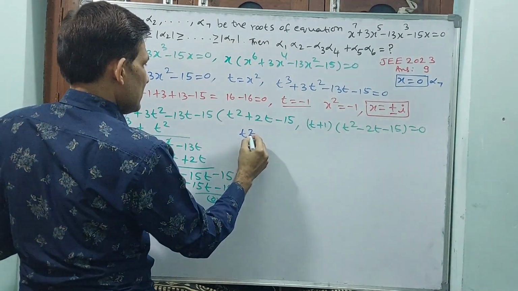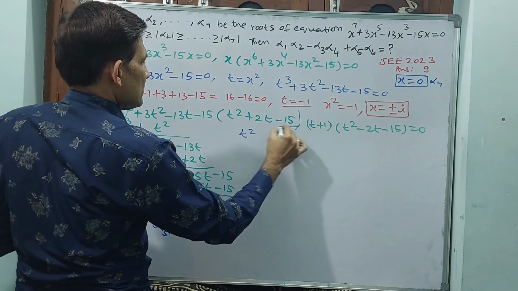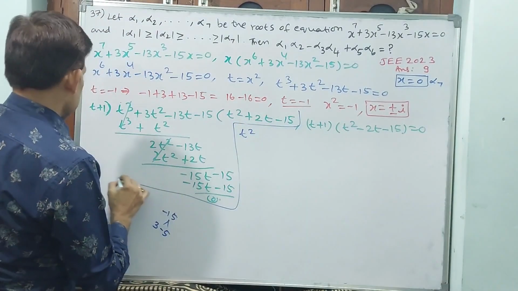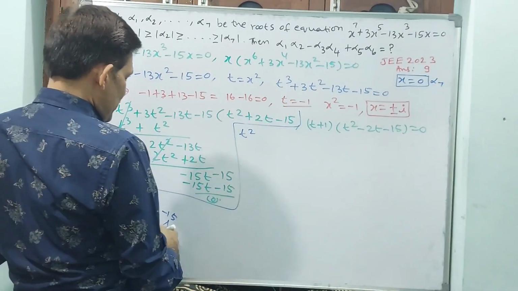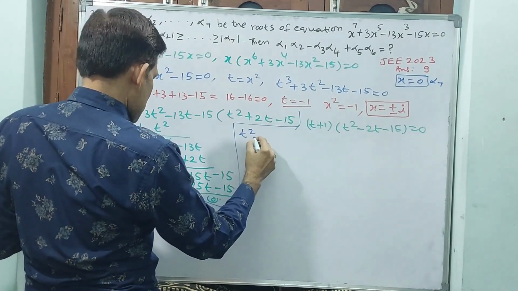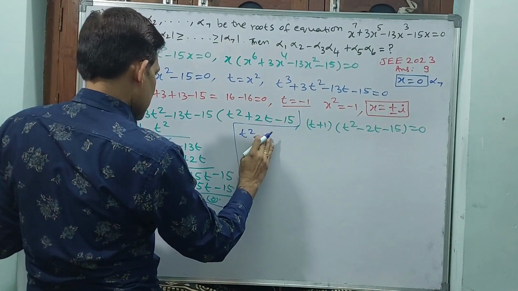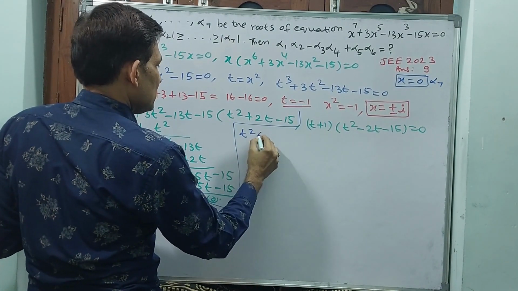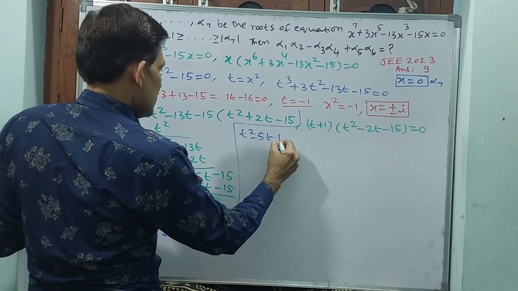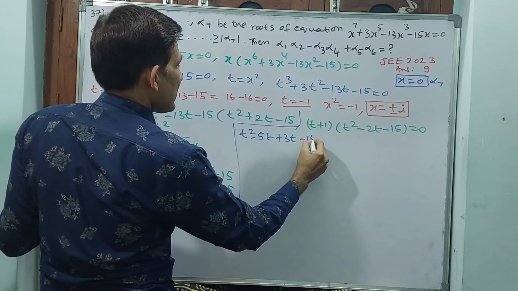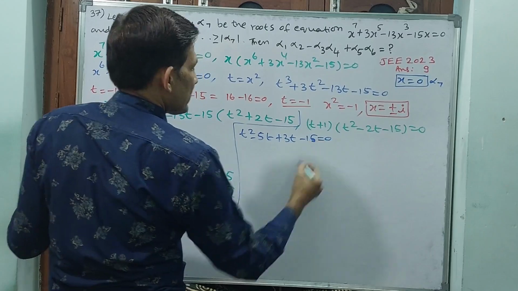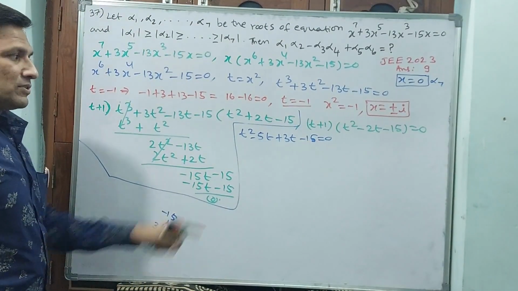T square, see this I am putting like this, okay. See, t square plus, no, minus 5t. Minus 5t plus 3t minus 15 equal to 0. Is it okay? Why? Because minus 5t plus 3t is minus 2t.